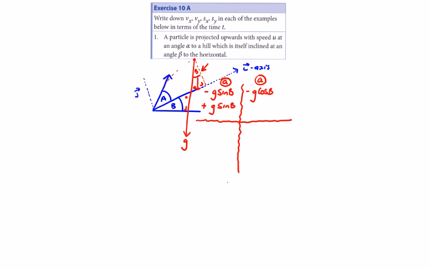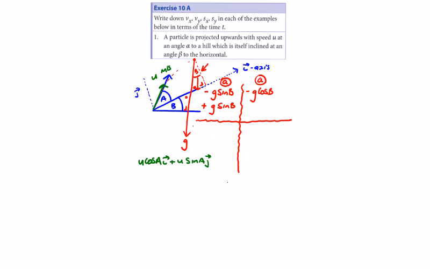My initial velocity vector here, projected in this direction with speed u meters per second, is going to be u cos A in the i direction plus u sin A in the j direction.